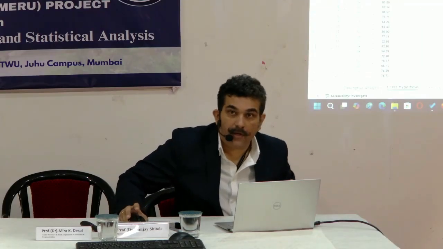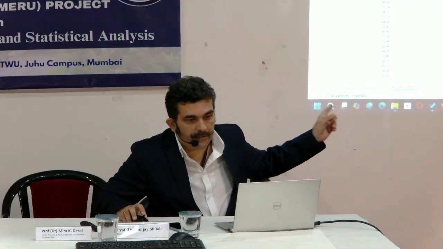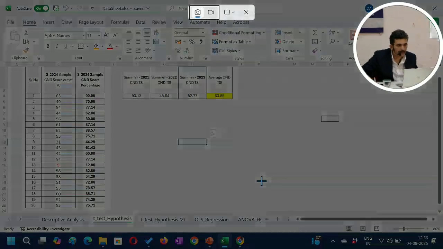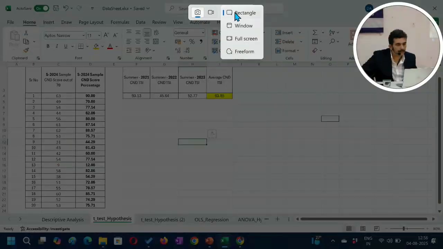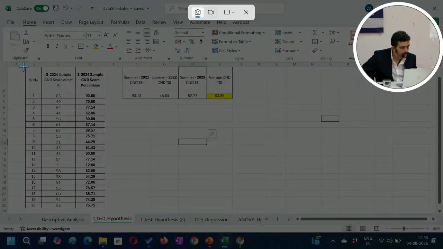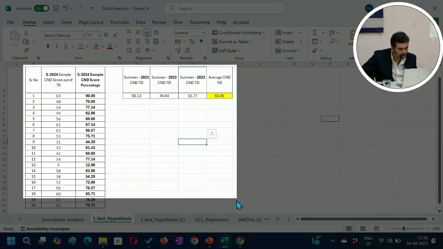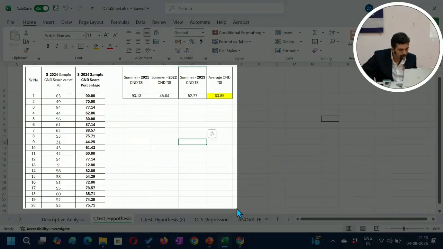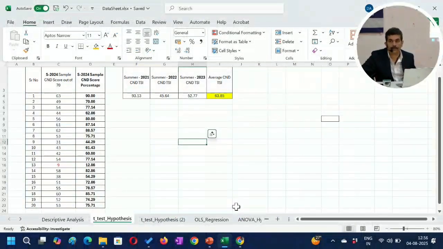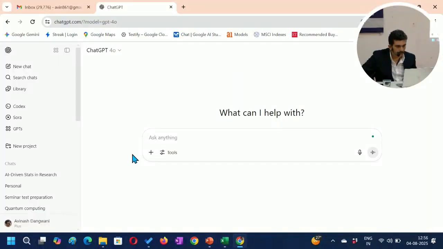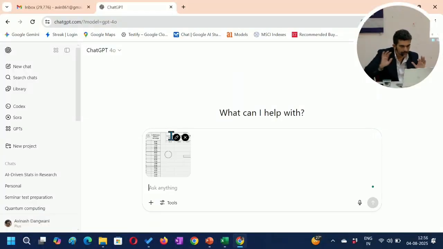Now I'll take a screenshot of this Excel sheet. I'm using the same sheet. I have taken a screenshot, and I upload this file on ChatGPT.